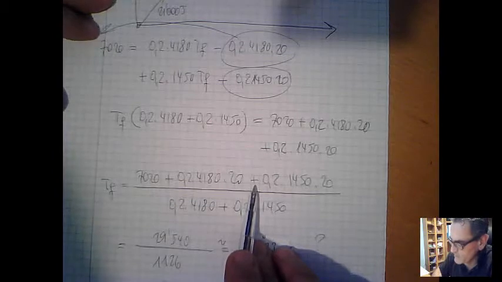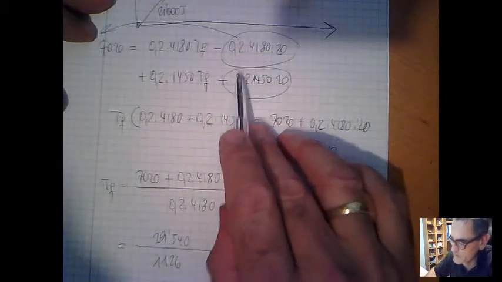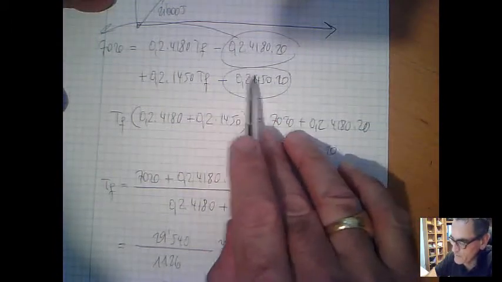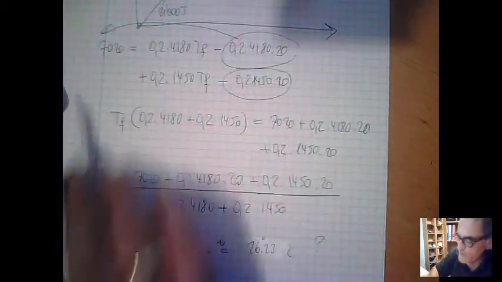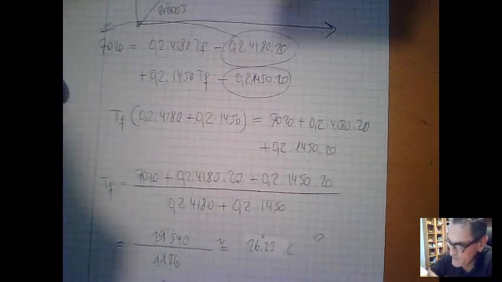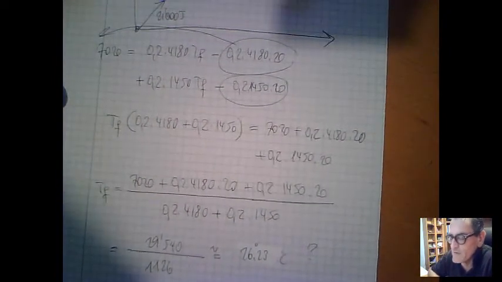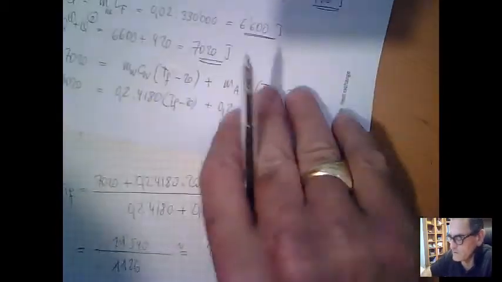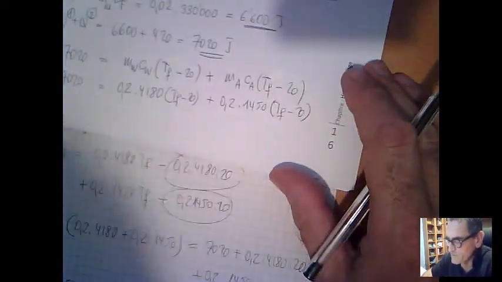No, no, it's not a minus, because you see, it's minus when it's on this side. So when I put it on the other side, it becomes plus. Okay. But now the question maybe is a question of signs.